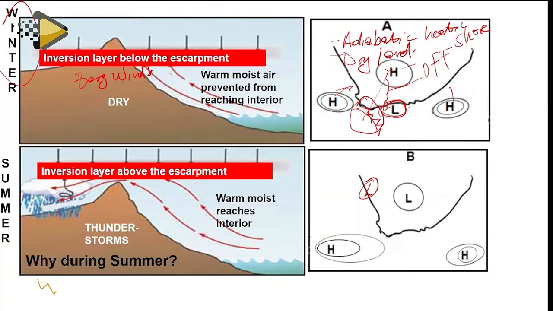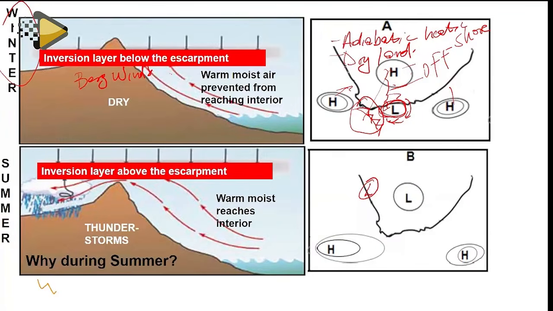So if you're looking at the coastal low here, it will be influenced by two air masses. The air circulation around the coastal low, because it's a low pressure cell and it is in the southern hemisphere, is going to circulate clockwise.